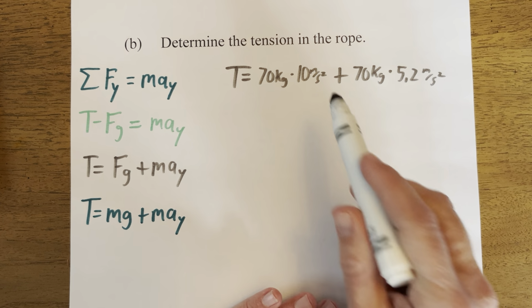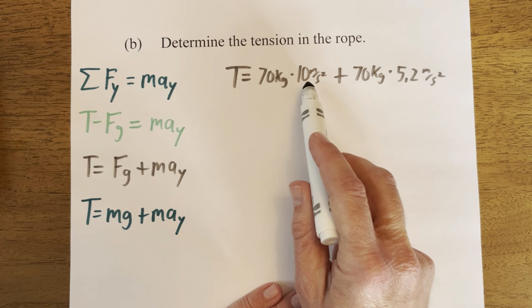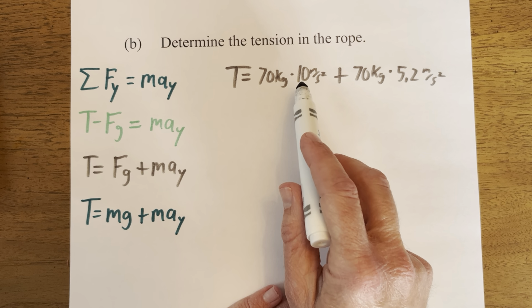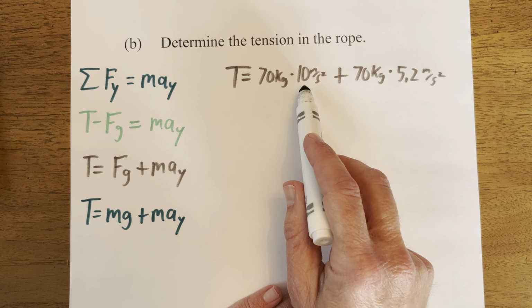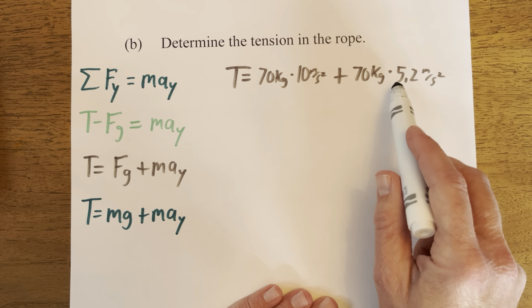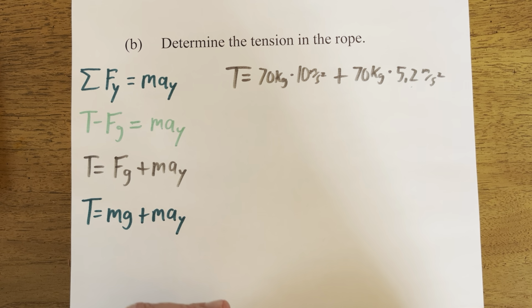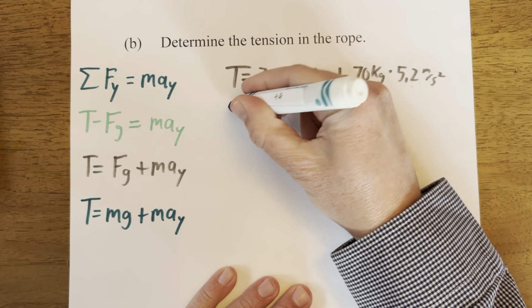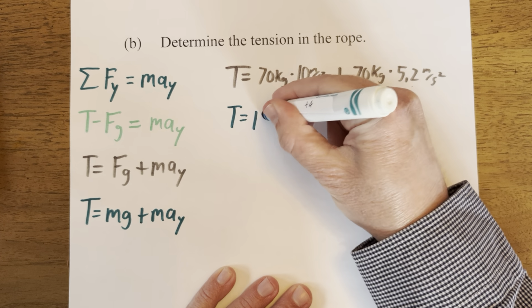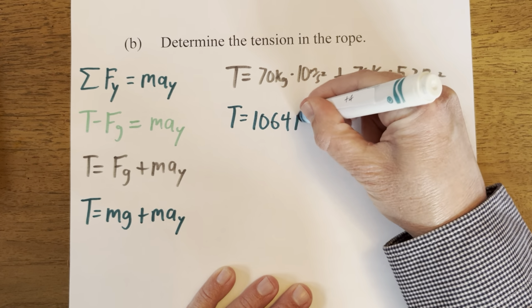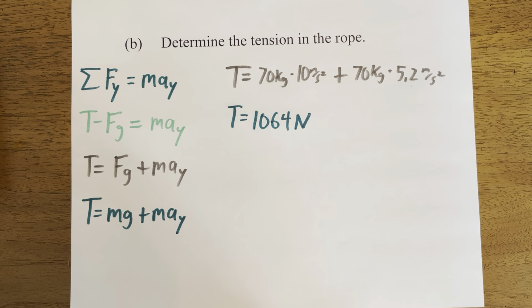Sometimes I think about these as this is the force to just keep the package from falling downwards. It's balancing out the pull of gravity, and this is the additional force to get it then to accelerate upwards. But they're not really two different forces, but that sort of makes it solidify in my brain. All you got to do then is the math to work this out, and you should get that it's 1,064 newtons is the tension.